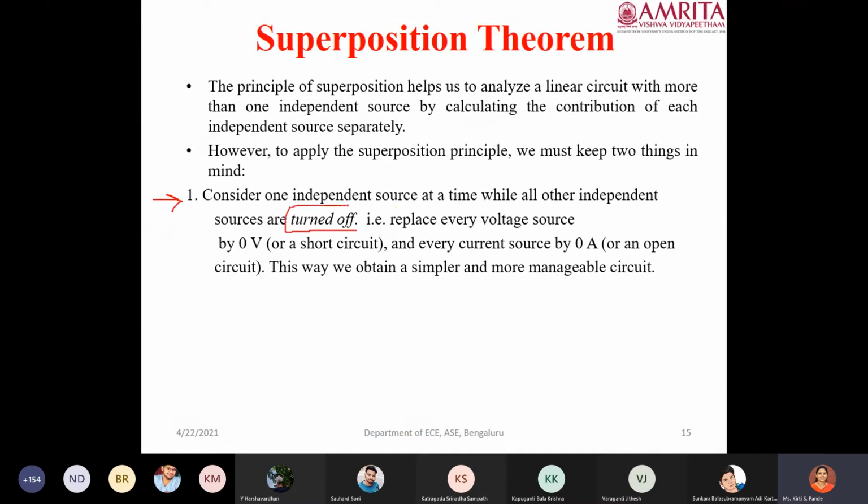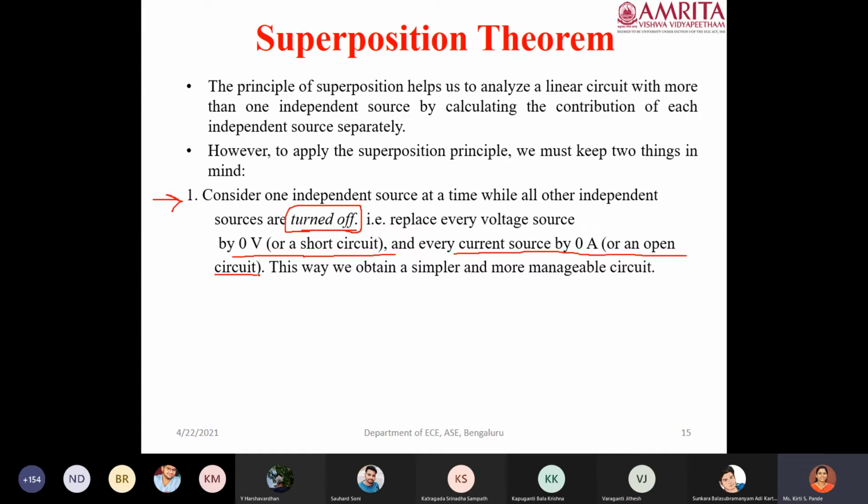Now this point is very important. What is the meaning of turned off? The meaning of turned off is to replace every voltage source by 0 volts. That means you have to short circuit your voltage sources, whereas your current sources need to be open circuit because they will have 0 amperes of current.